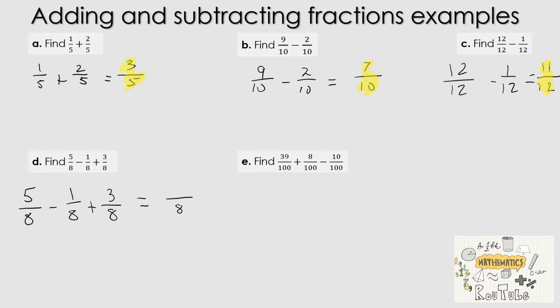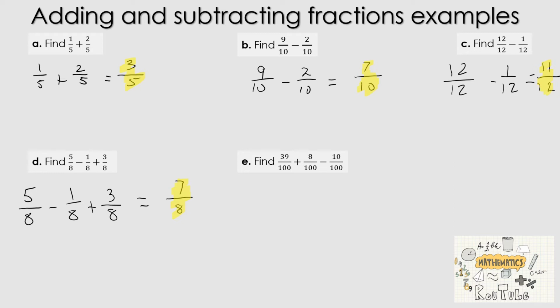So it's 5 minus 1, which gives us 4. And then we need to add 3 to that number. 4 plus 3 gives us 7. Therefore 7/8. Now, is there another number other than 1 that can go into both 7 and 8? The answer is no. So we cannot simplify this fraction any further.